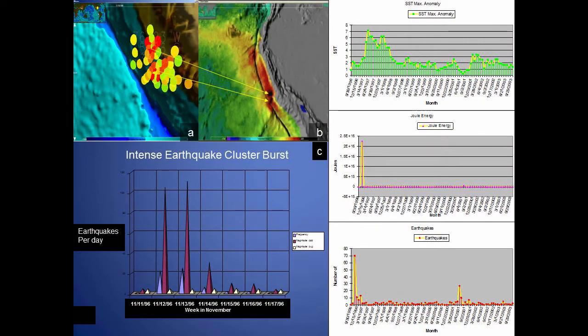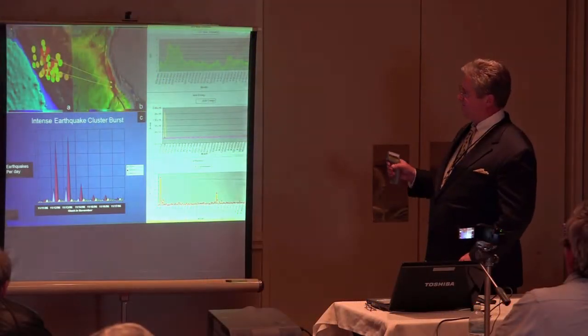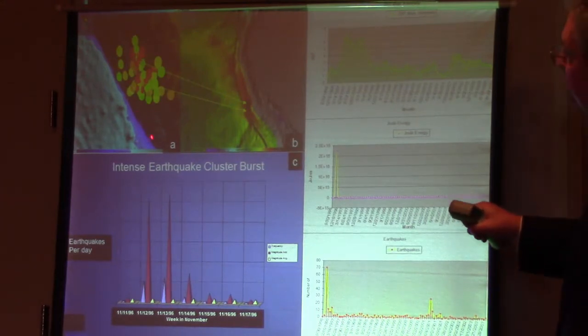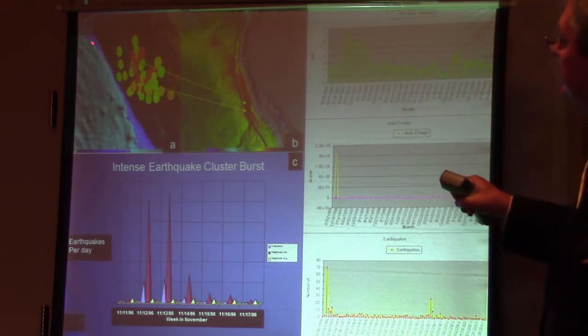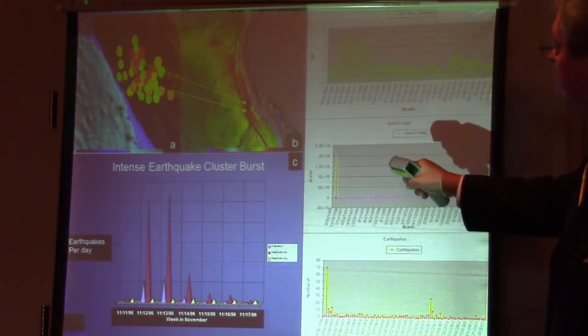And if this advances, I'll back it up. But this was an earthquake cluster that we believe signaled the beginning of the El Niño in 97, 98. This is Peru, the coast of Peru. And if you zoom in, looking at that feature right there is this trench.